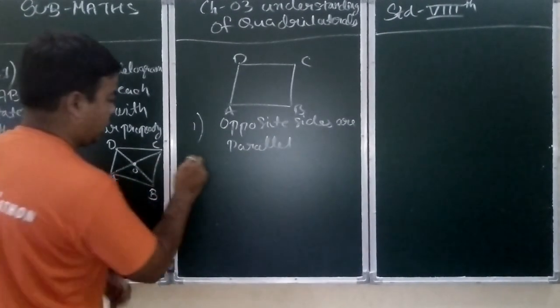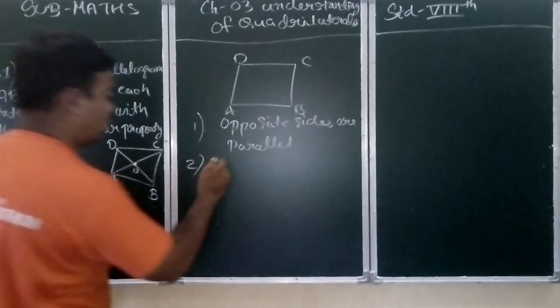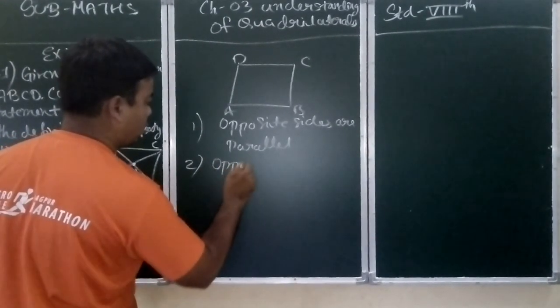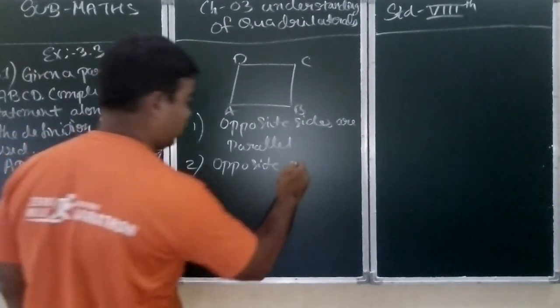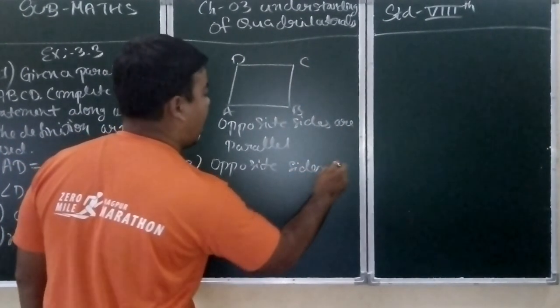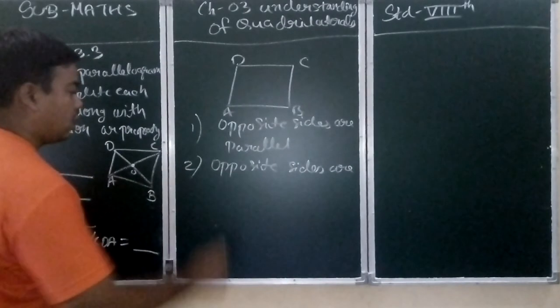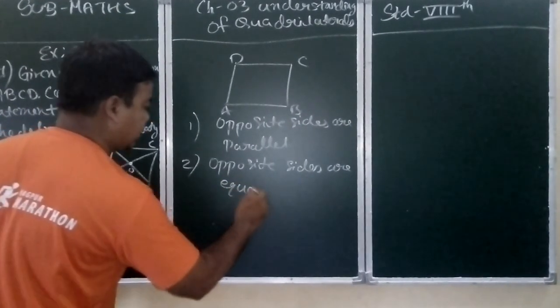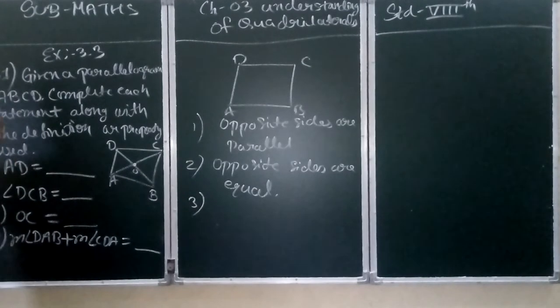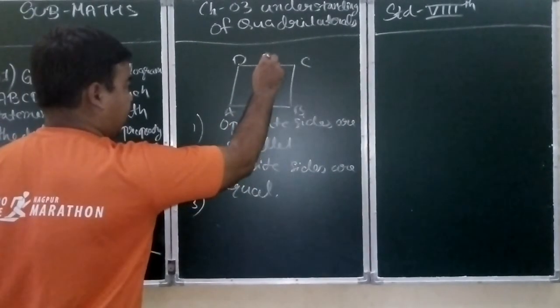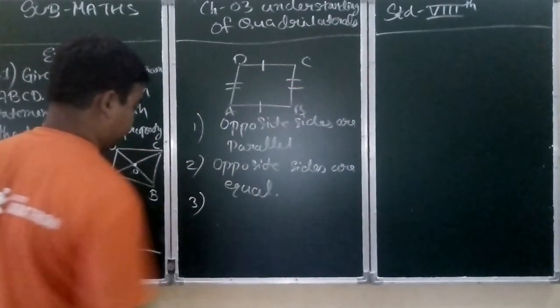Second, opposite sides are equal. This side is equal to this side, and this side is equal to this side.